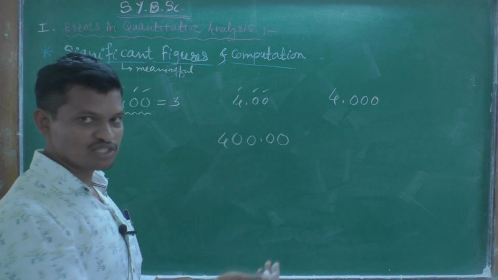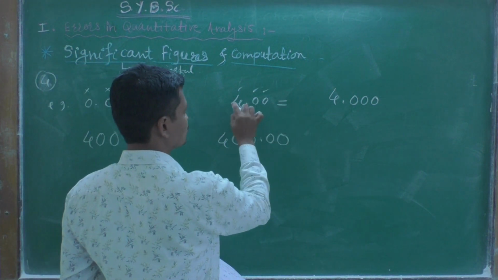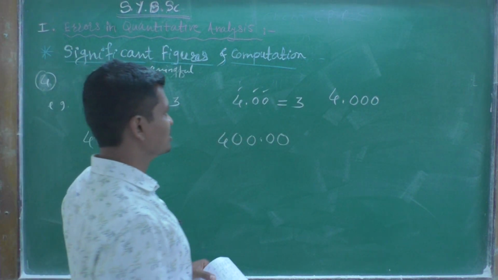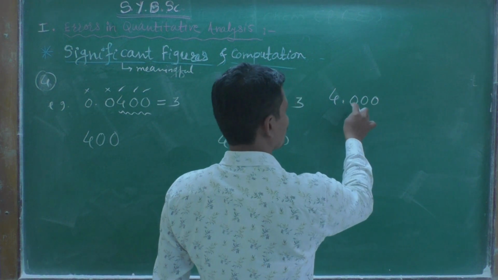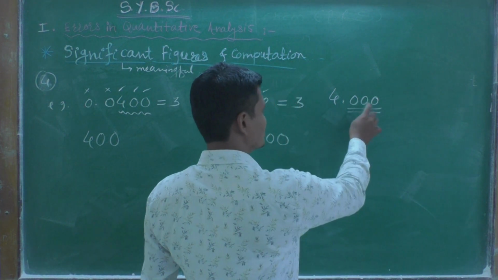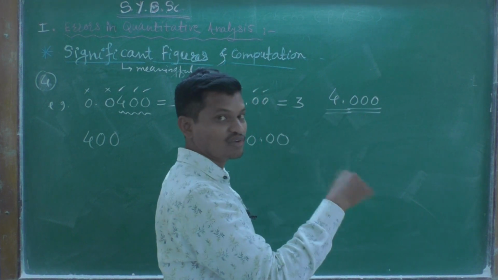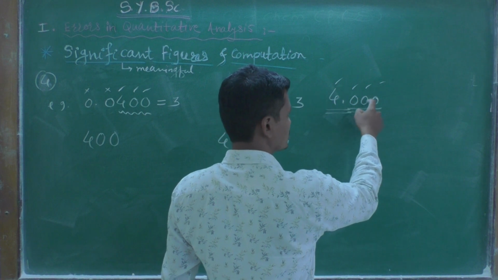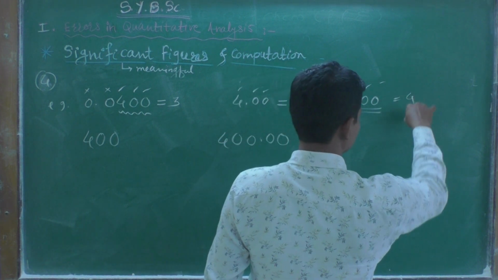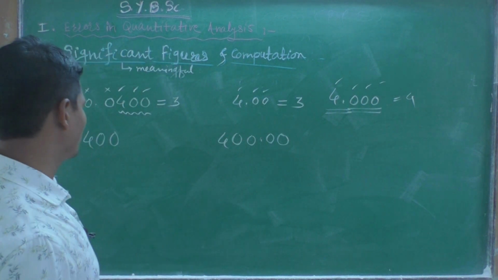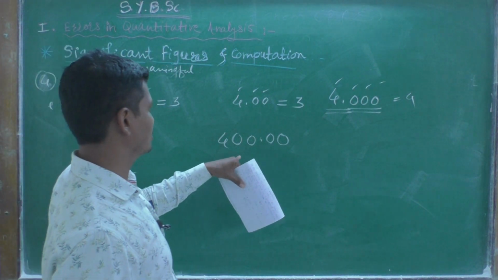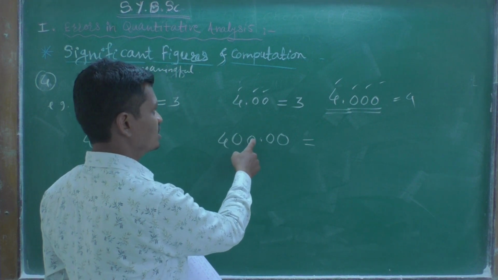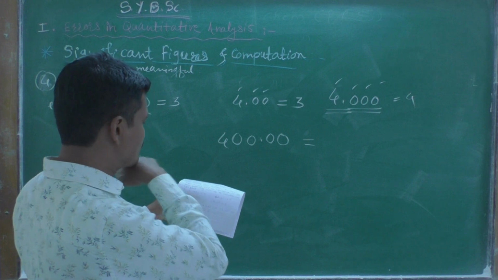No doubt this 4 is also significant. So the number of significant figures in 4.00 is 3. Similarly, 4.000: we cannot omit these 3 zeros, so we consider all 4 digits, 1, 2, 3, 4. The number of significant figures is 4. Here, in 400.00, the number of significant figures is 1, 2, 3, 4, 5.